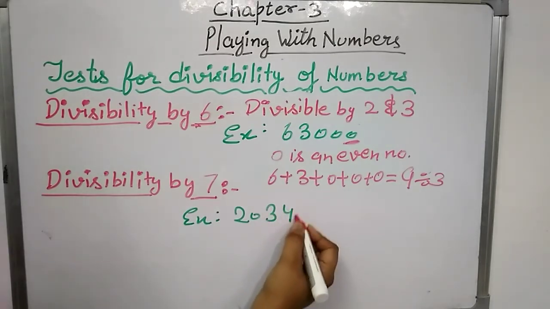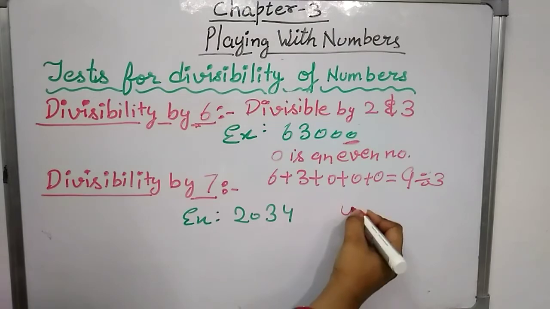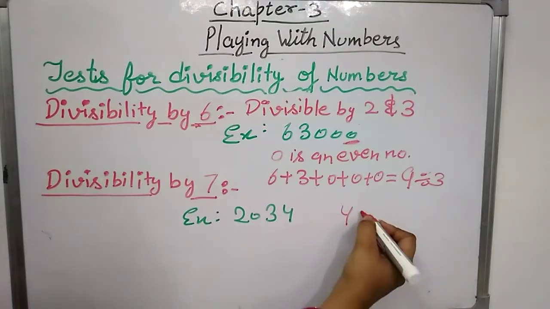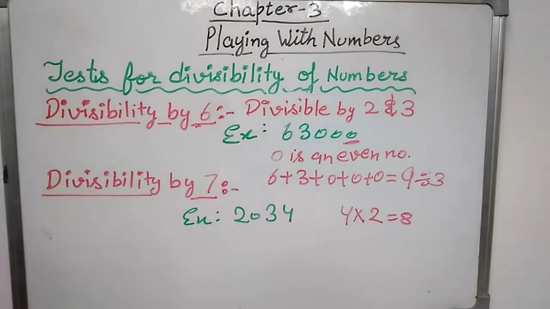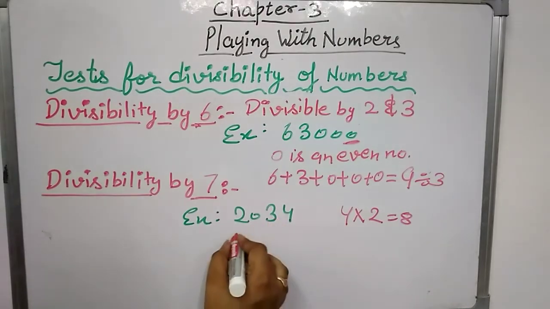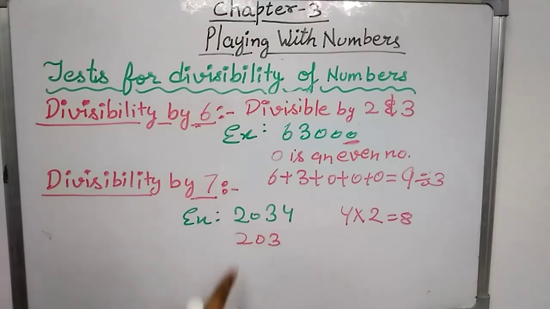So here at ones place digit is 4. Double it. This becomes 8. Now this 8 will get subtracted from rest of the digits. Rest digits are 203. So we will subtract this 8 from 203.